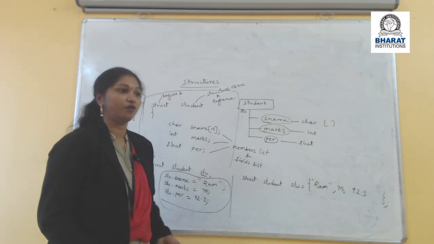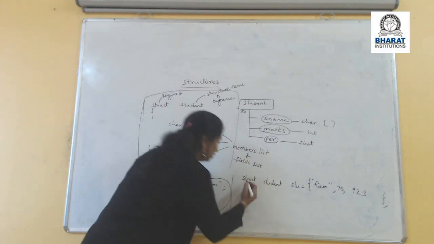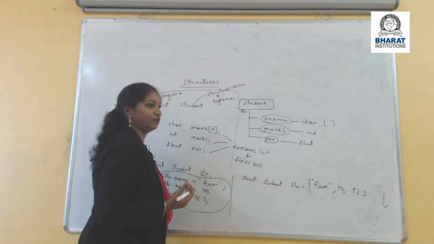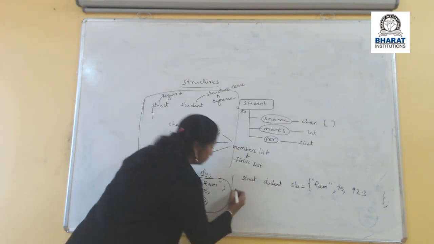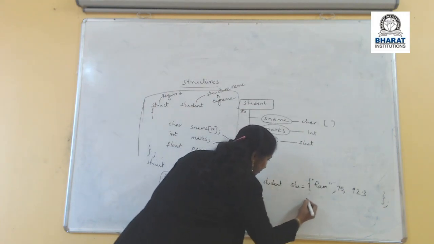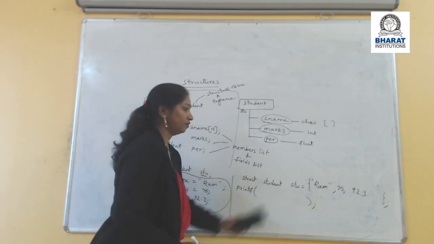Now let us see how to display these structure members and their values. To display, we have to use the printf statement. Printf is used to display any value. So printf obviously takes two parameters. One is the control string, the other one is the variable name.